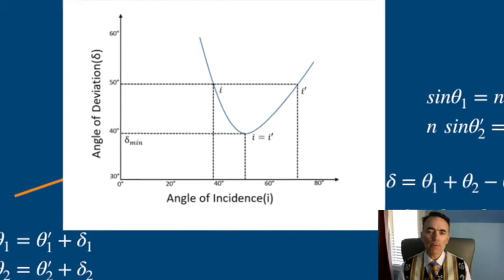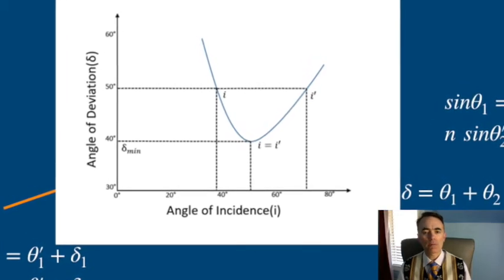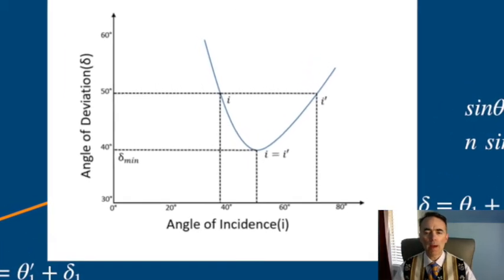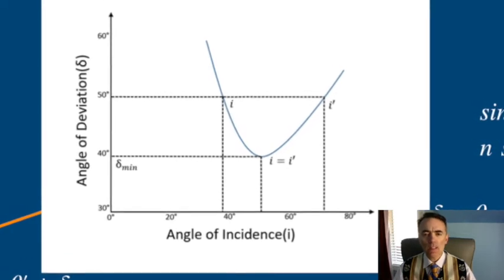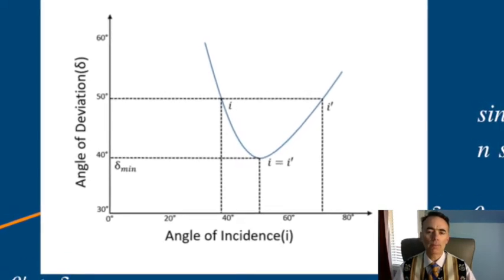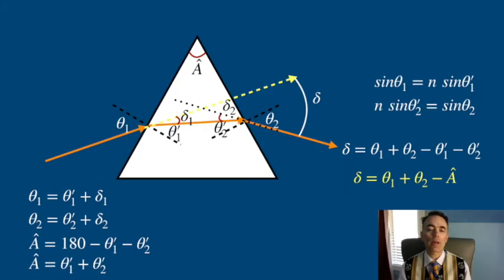For the angle that presents this minimum, because of the symmetry of the plot about that angle, the incident angle is equal to the exit angle, which simplifies the last equation.